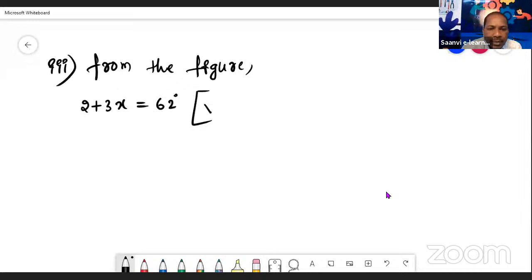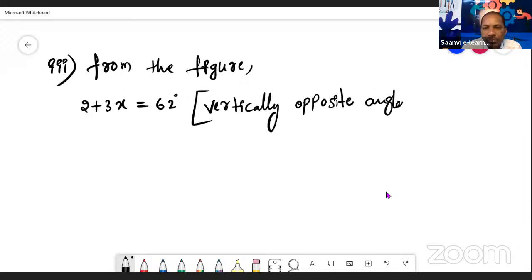Why are they equal? Because they are vertically opposite angles. We all know that vertically opposite angles are equal to each other.